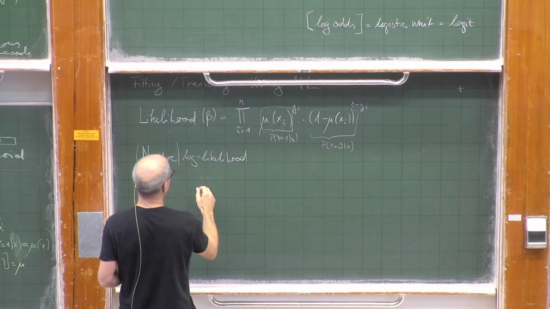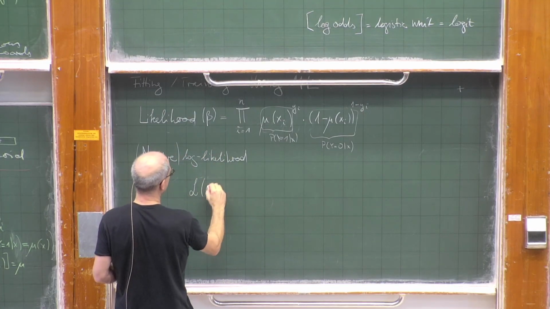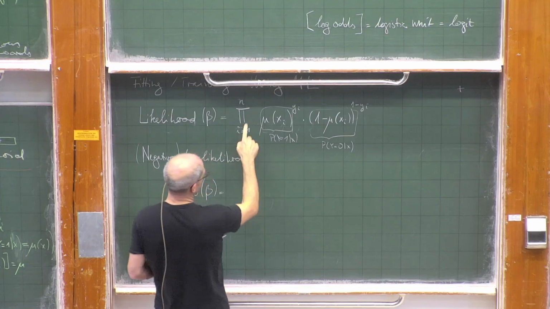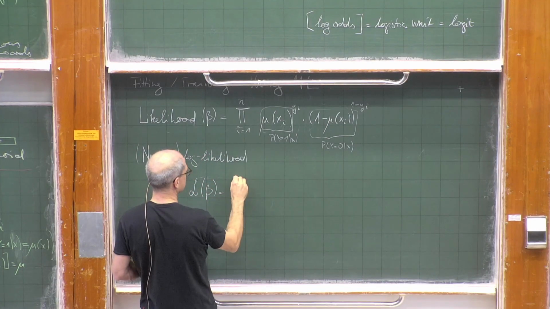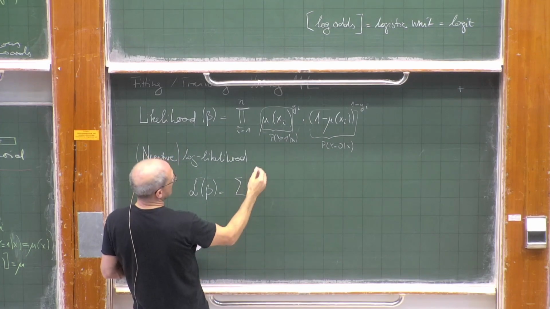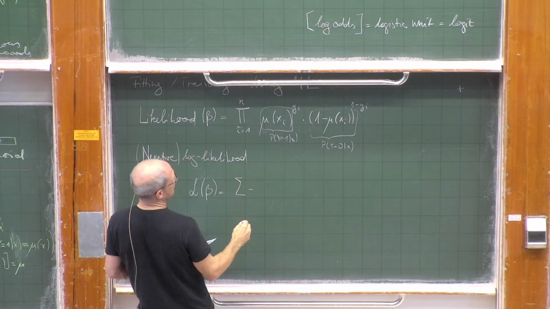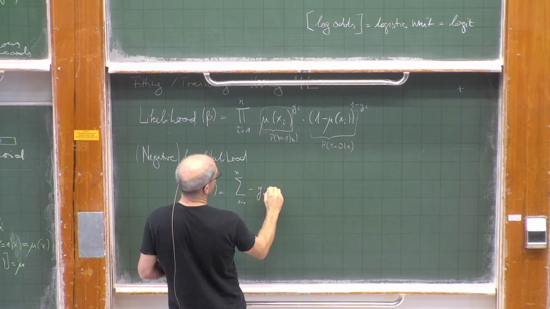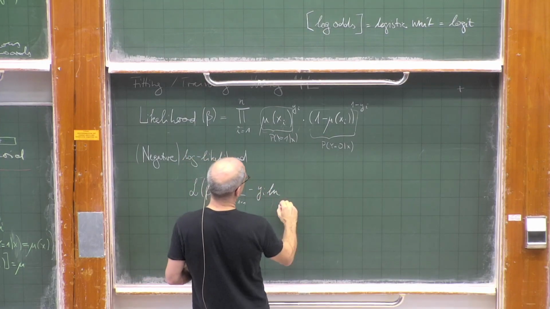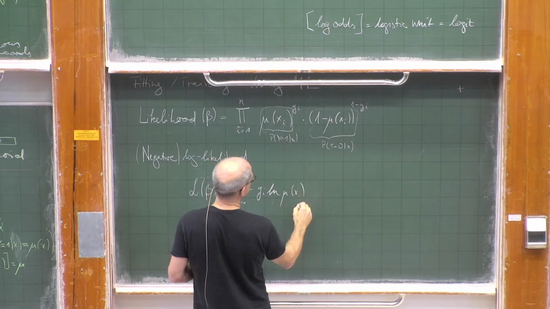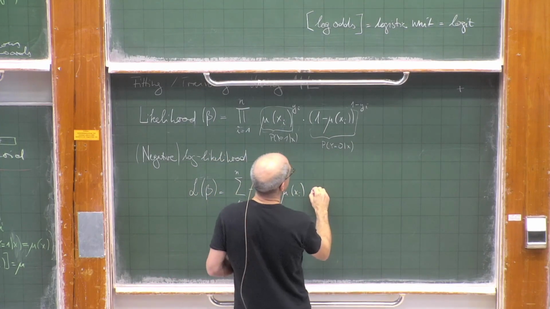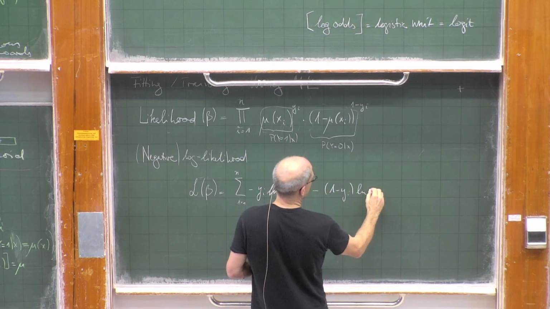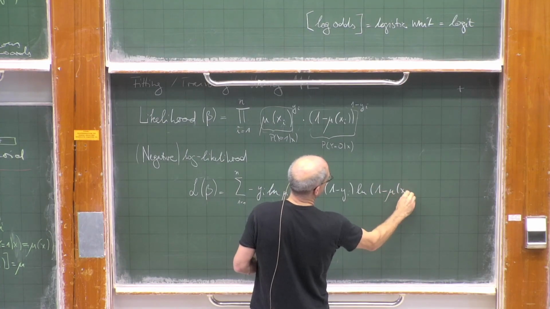And so we can write a negative log likelihood L of beta, and taking the logarithm will turn the product into a sum. And then we have the negative, so there's a minus, and then we have yi log mu of xi minus 1 minus yi times the log of 1 minus mu of xi.